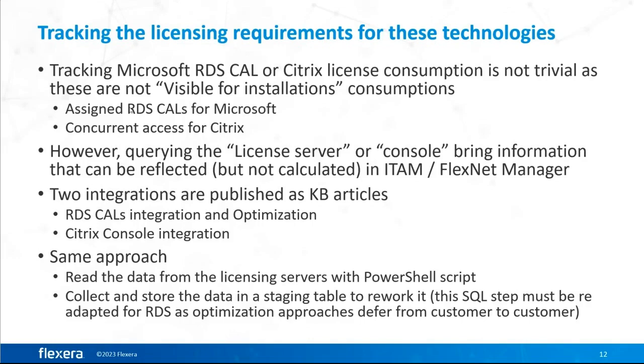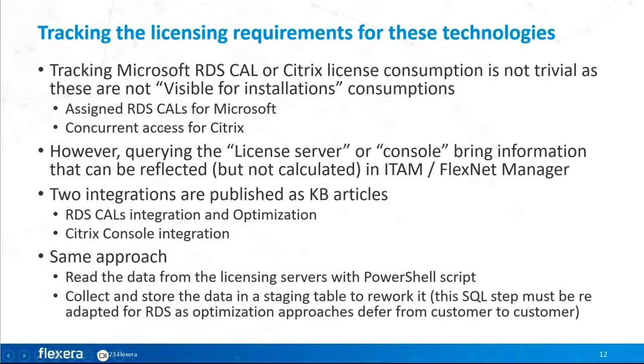Then it queries each RDS server and runs an API, called the license consumption report, which returns a flat list of what user or what computer got what RDS CAL for what version. So on one side, you get the flat data of assigned CALs.